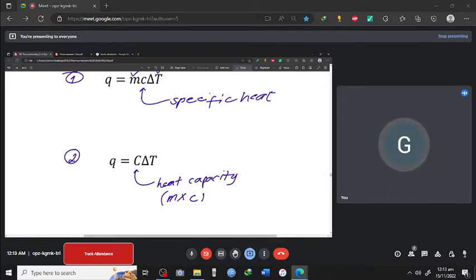Mass times specific heat. So, bakit kaya, no? Kailan ginagamit tong equation number 2 natin, which is heat capacity multiplied by the change in temperature. So, ginagamit natin to, itong second equation natin na to, pag meron tayong tinatawag na bomb calorimeter. Okay?